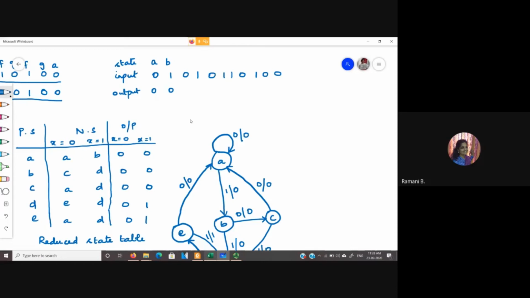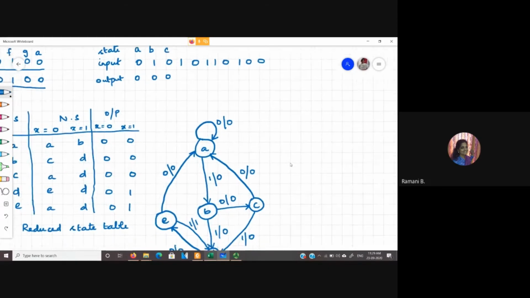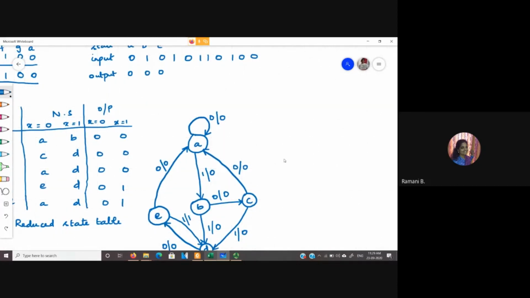Now in state B, I receive the input 1, so I move to state C and the output is 0. In state C, I receive input 1, so I move to state D and the output is 0. From D, if the input is 0, I go to state E and the output is 0.